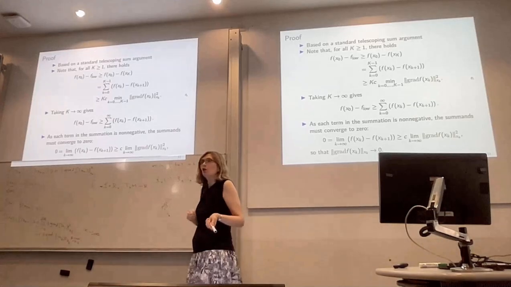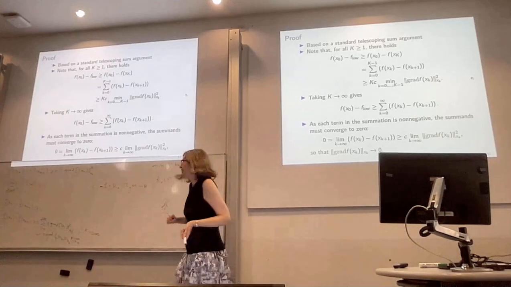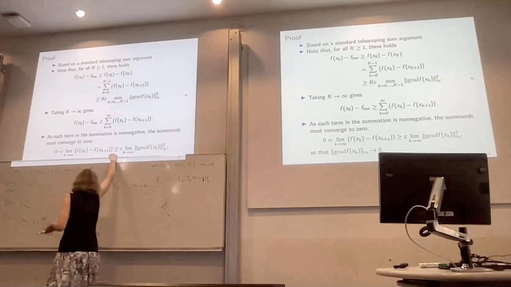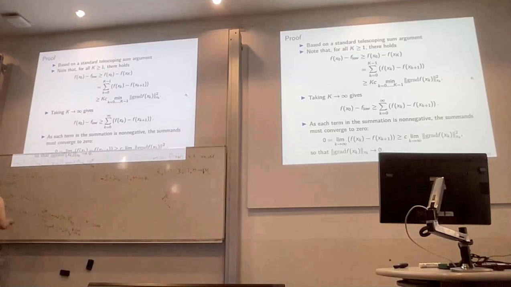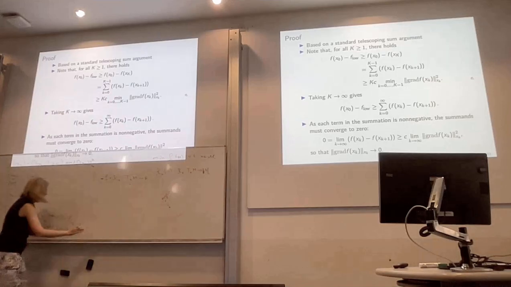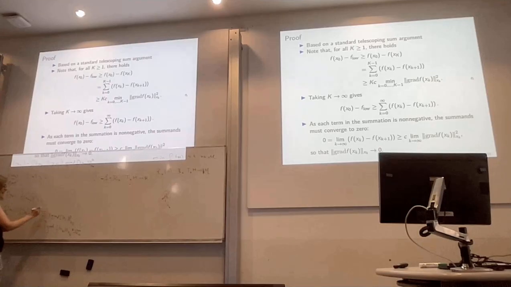Also a global rate. How could I deduce a global rate from the same argument? Well, I shouldn't go to the limit. So I'm going to drop this k here. I'm going to put back my k.